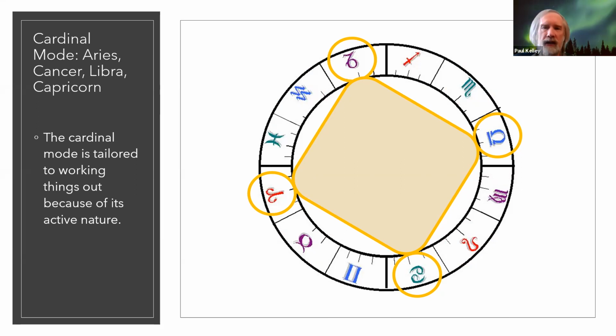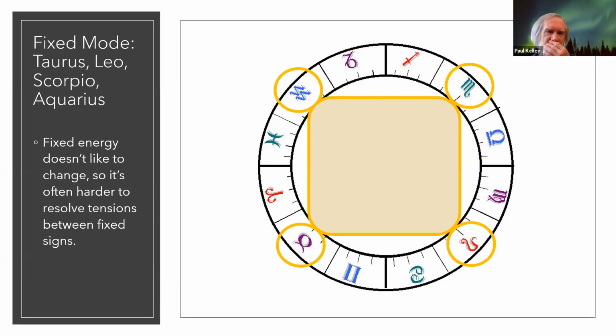Capricorn usually sees things through to the end, which again can be good or bad because at some point, some things you just need to let go of, right? But Capricorn will typically see things through to the end. So these signs are, by their nature, good at working things out because that's what they're interested in doing. They take action.